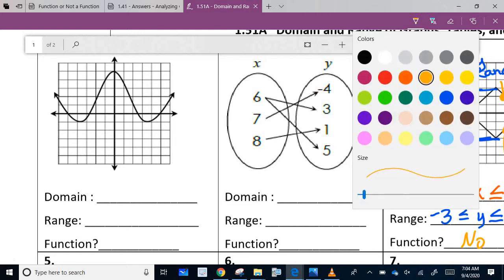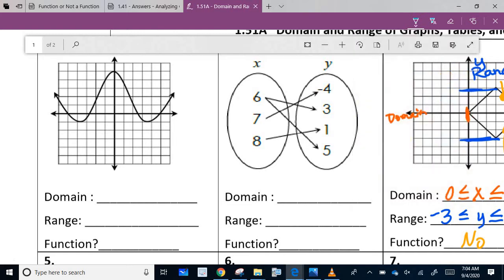So when I look at this right here, I see that I have arrows right here on that line. That means that when we're looking at the domain, which is your x, that line does not stop. It goes on forever. And so we can say it is all real numbers.